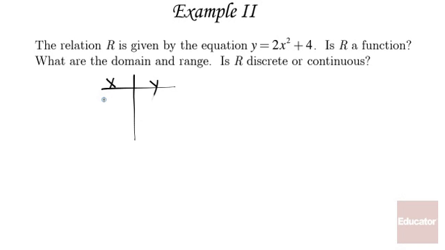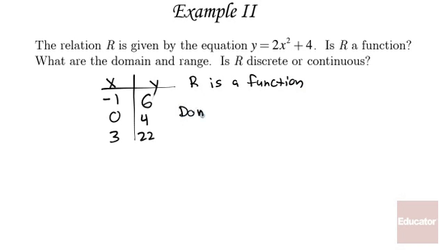If I let x equal -1, -1 squared is 1, times 2 is 2, plus 4 is 6. If x is 0, this is 0 plus 4, that gives me 4. If x is 3, 3 squared is 9, times 2 is 18, plus 4 is 22. So as you're going along, you can see that for any value of x, there's only one value of y. Therefore, R is a function.